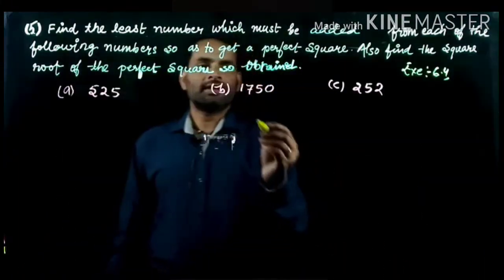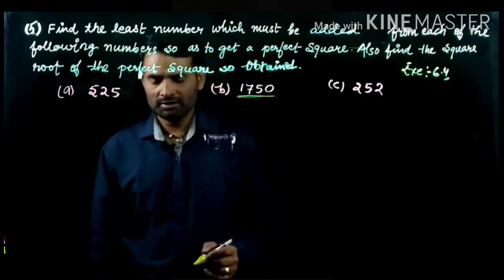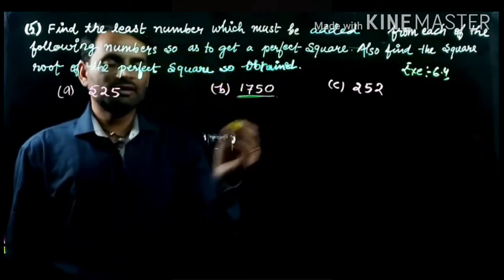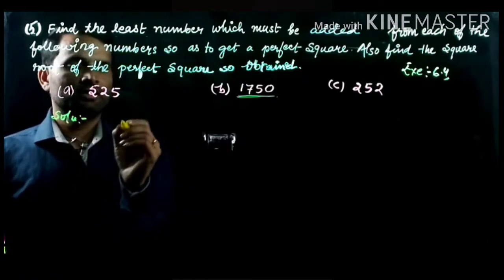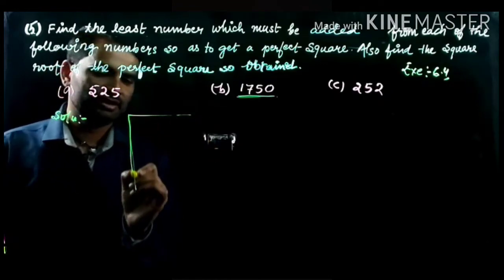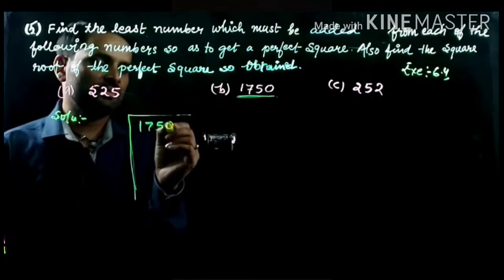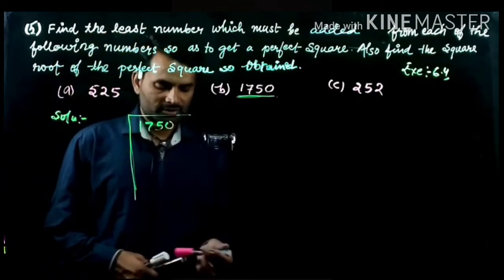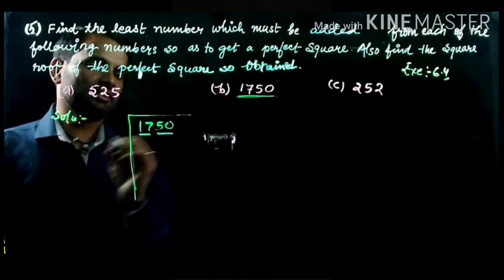Okay. Next question is, a number is given, 1750. The solution is, first you find the square root by the division method. 1750, and make a pair, first pair and second pair.